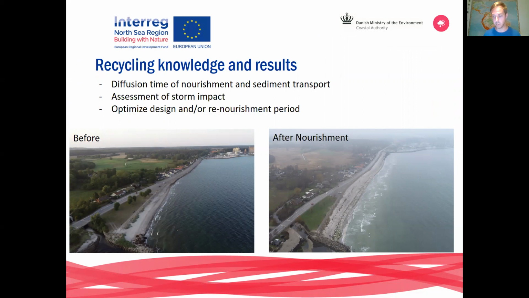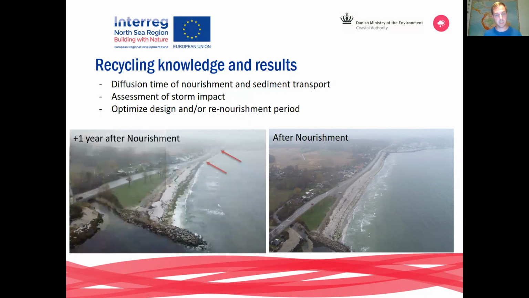Here you see a stretch with a revetment protecting a road, which was nourished with a new beach section actually placed, as you can see on the right hand side, or the right imagery. After 1 year, the sediment processes meant that some sediment in the northern end again migrated south, which is not unexpected.